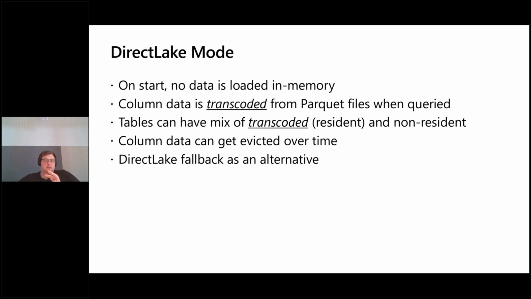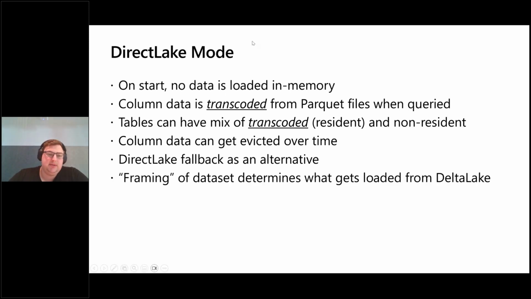For whatever reason, if it cannot respond with Direct Lake mode, it's going to fall back to plan B, DirectQuery, as an alternative, which means it'll be slower, but you do get your response. I've had some lively discussions with people on whether that should be the behavior or not, but that is the behavior that is there today by default. You can change it if you want to, but that's the default.